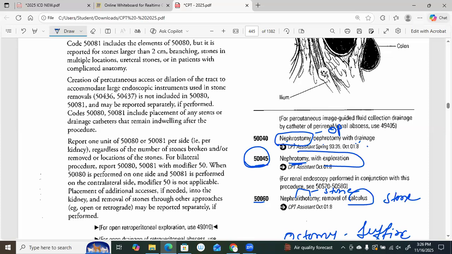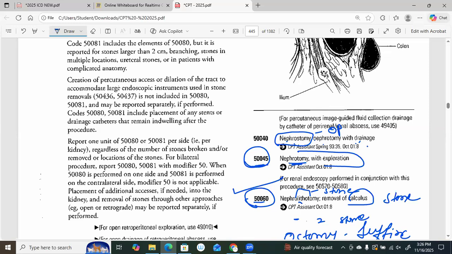So whenever you are billing 50060 and you find two different stones, you are still going to bill it only once, because in this procedure the doctor needs to explore for any other calculus or fragment of the calculus while doing the nephrolithotomy with the open approach.